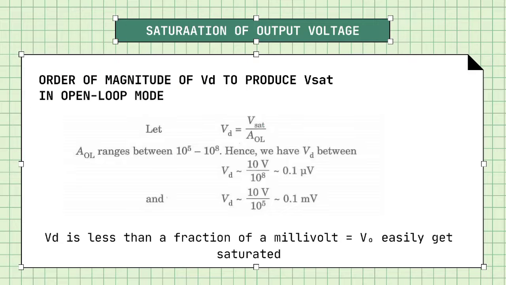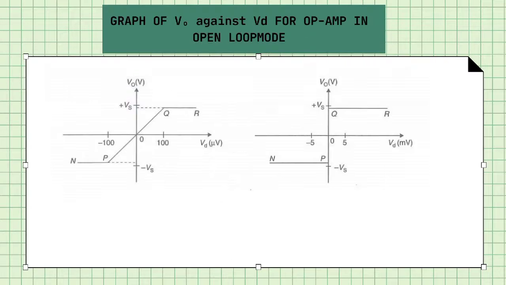Next one, saturation of output voltage, order of magnitude of VD to produce voltage saturation in open loop mode. So this is the range that we get. The important one is VD is less than a fraction of a millivolt, meaning that voltage output easily gets saturated when VD is less than millivolt. The next one.